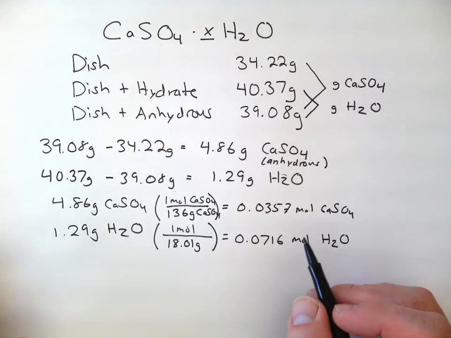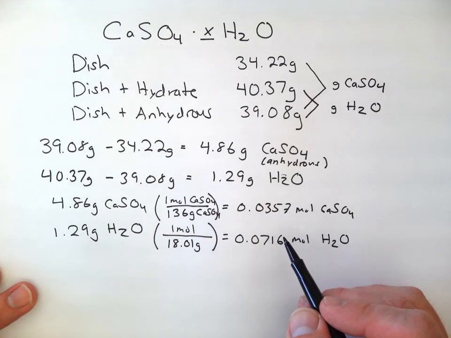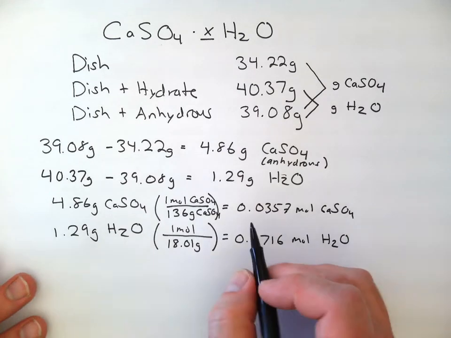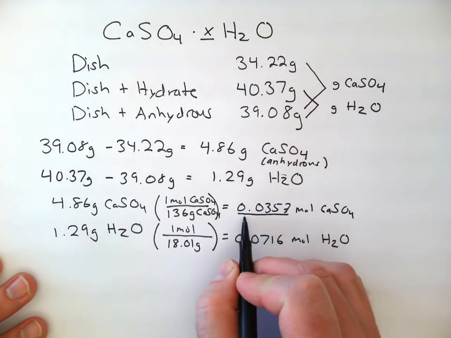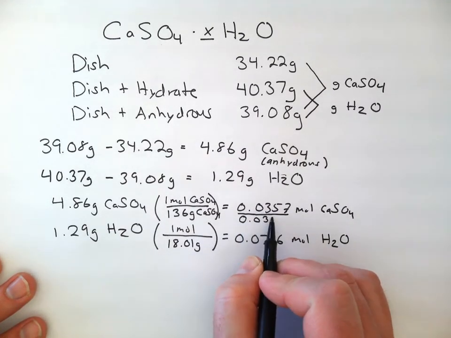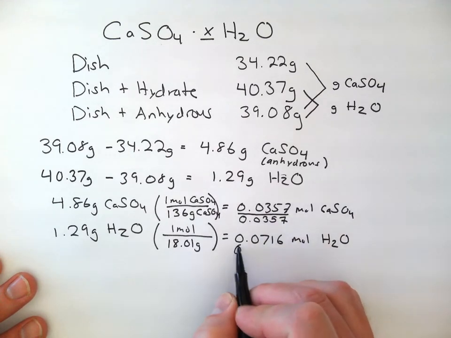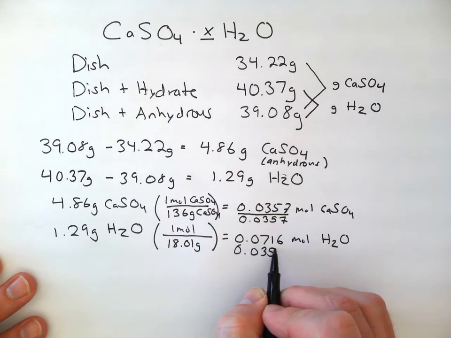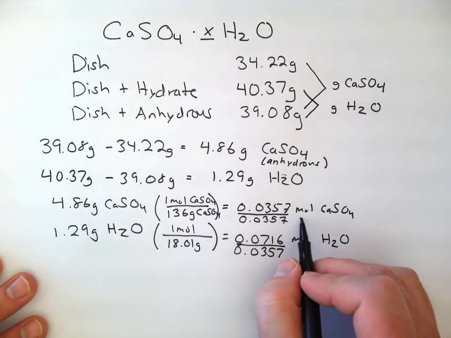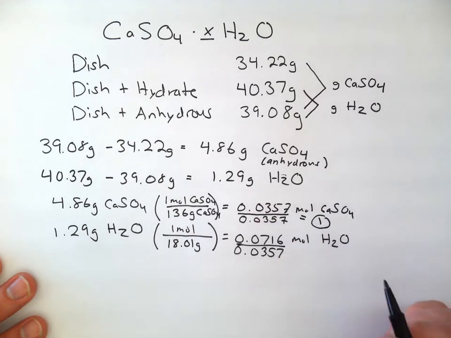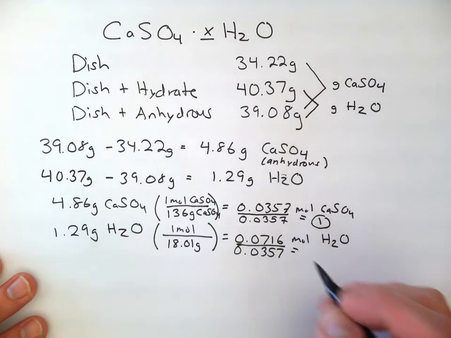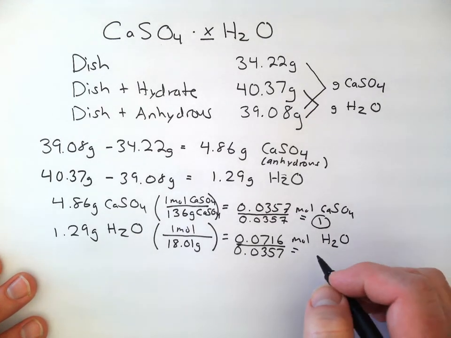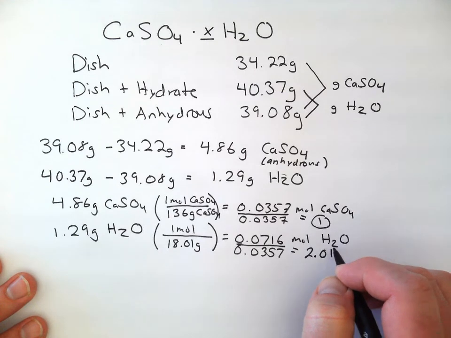We're almost there, but not quite yet. We want the lowest whole number ratio of these two numbers. And again, just like empirical formulas, we need to just divide them both by the smaller one. Which automatically makes the 1 into a 1. And the other one comes out right about 2.01 according to my calculator.